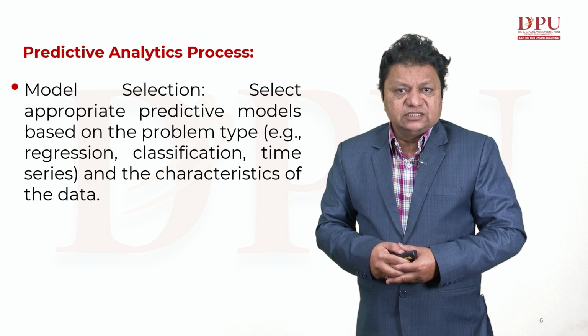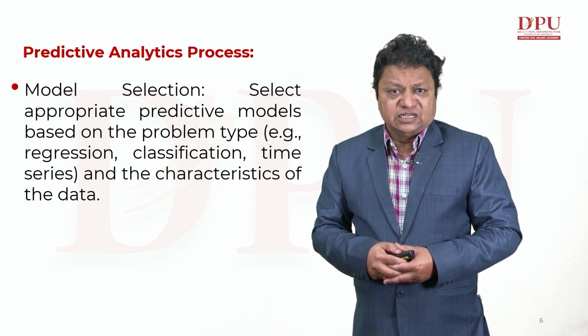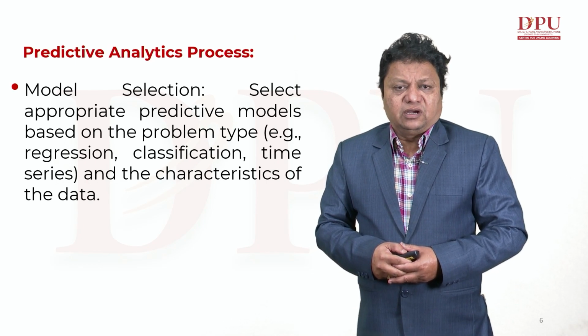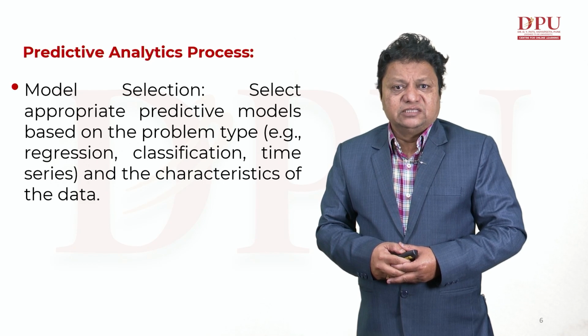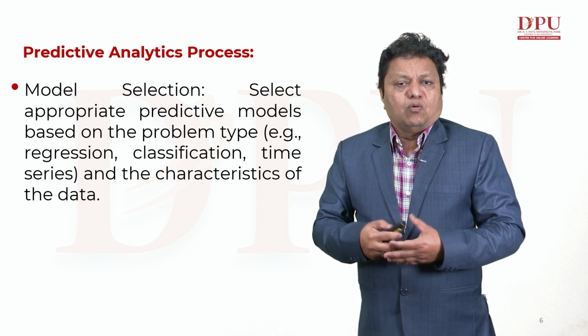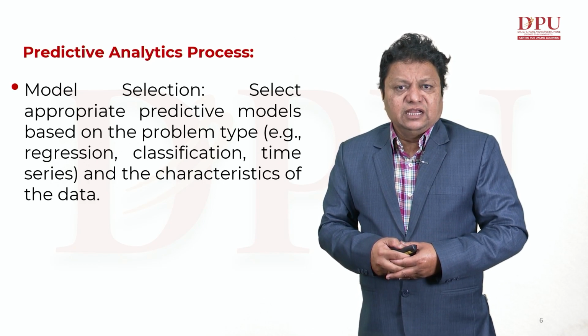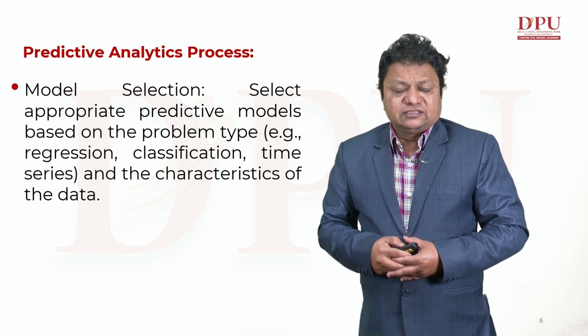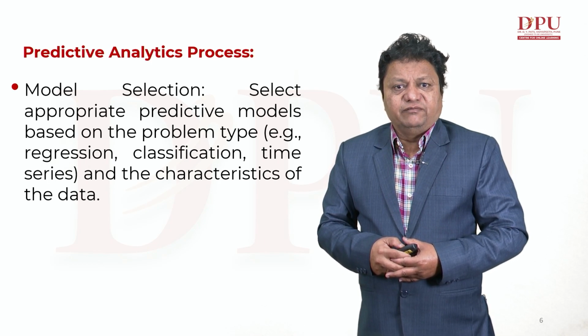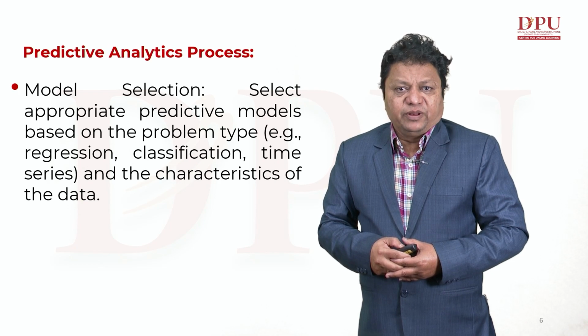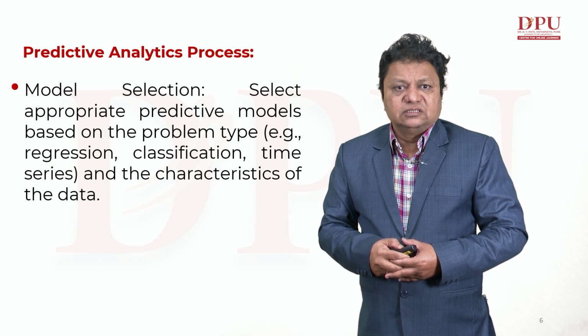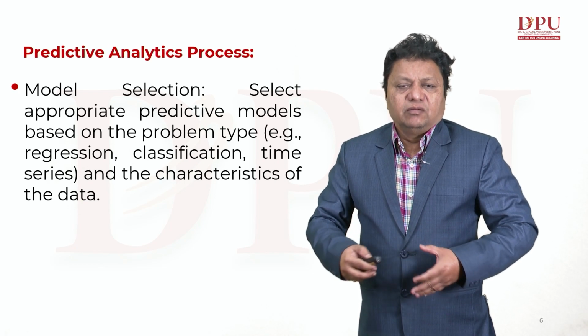It is totally based on what problem we are addressing and what the characteristics of that problem are. So, based on that we have to select an appropriate model. So, this is the model selection process.